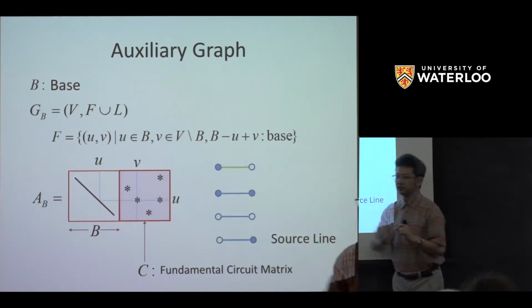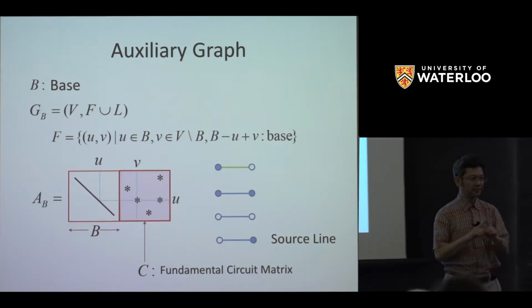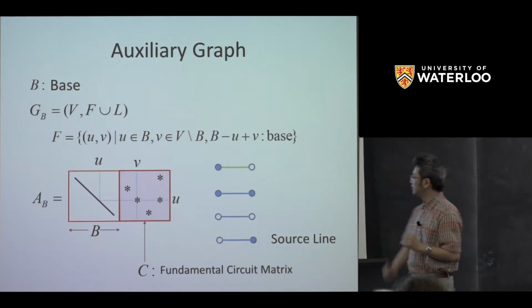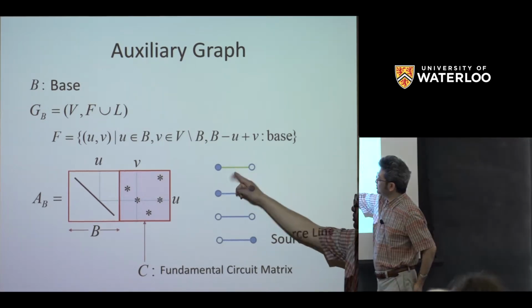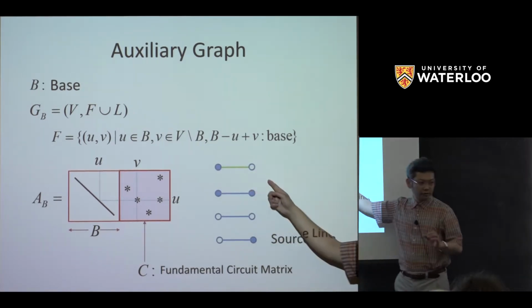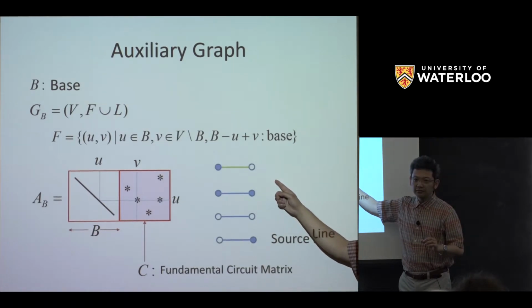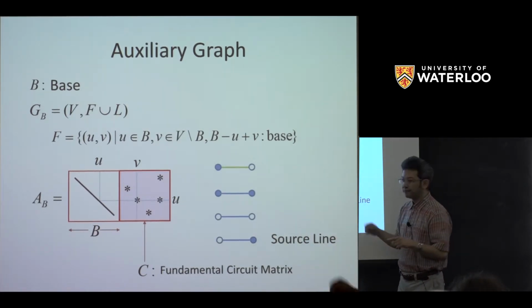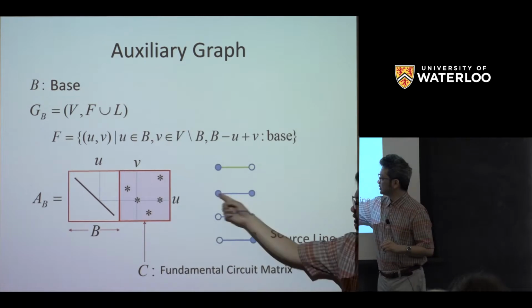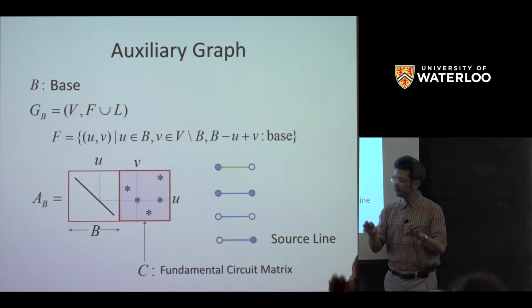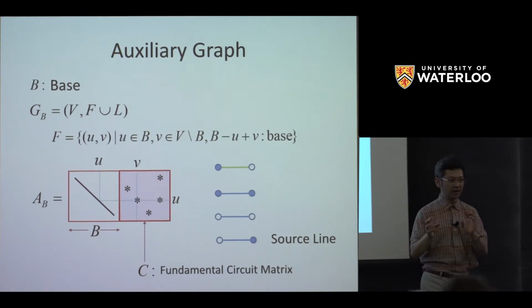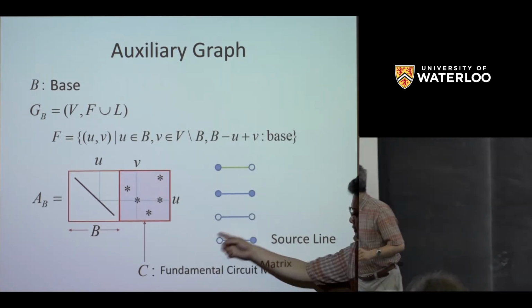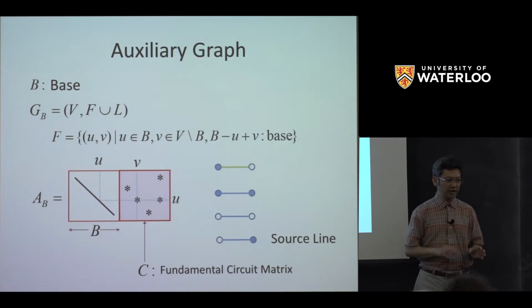The blue edges correspond to the lines, that is, pairs of vertices. Exchange arcs, the green edges, always go from a blue one to a white one. But a line may connect both blue, both white, or a white and a blue. This kind of line will be called a source line.